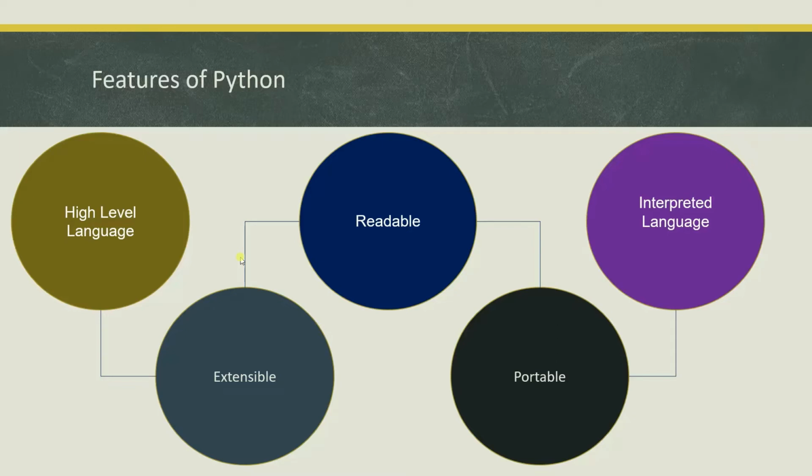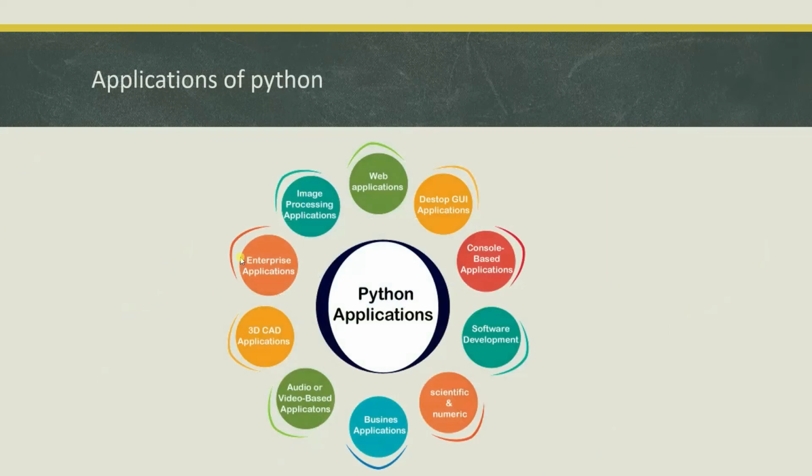What usually happens in other languages like C and Java is you have to write the complete code of, let's say, 500 or 550 lines, then you run the program. In Python, it is very easy to run because we can just write a statement and get the output of that statement at that time. So Python is an interpreted language.